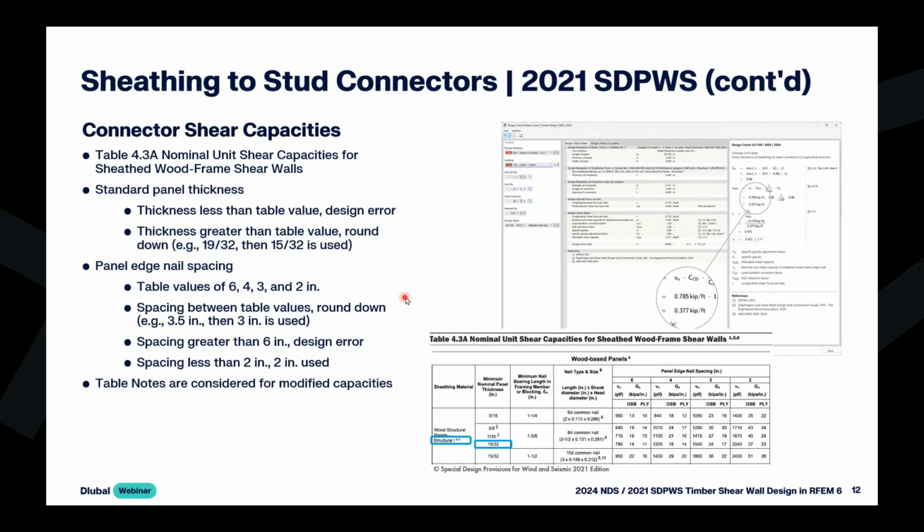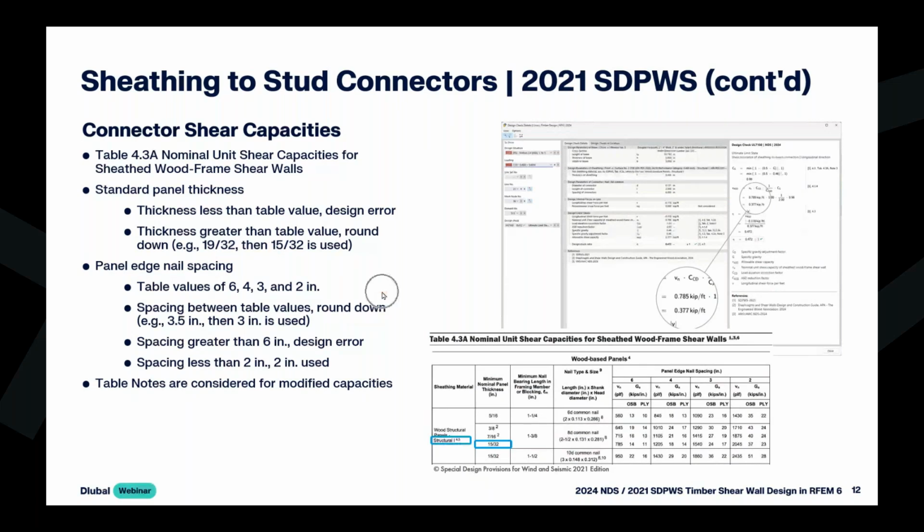You would need to size up. Now, if you're using a sheathing thickness that's greater than the table value, then what we're going to do internally in the design checks is the conservative approach and round down. So for example, if you're using 19/32, we would round down to give you the capacity for 15/32. So that's important to understand.